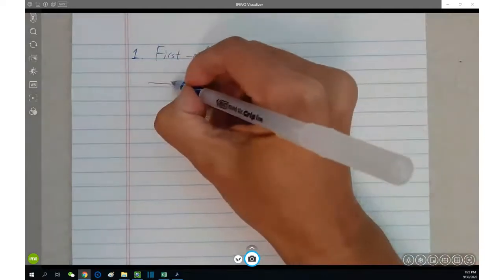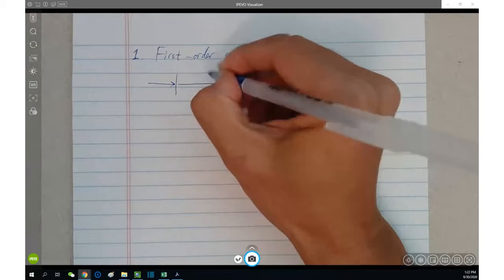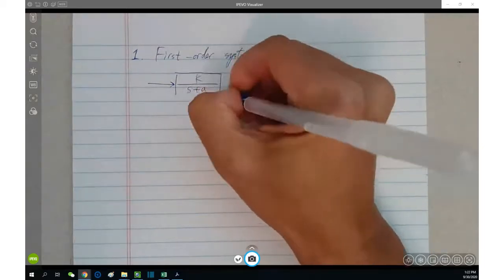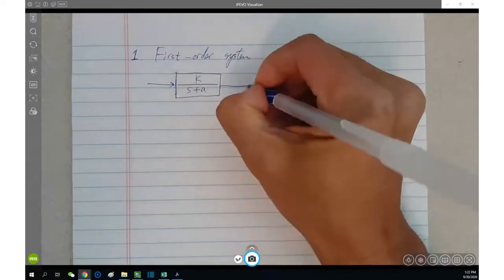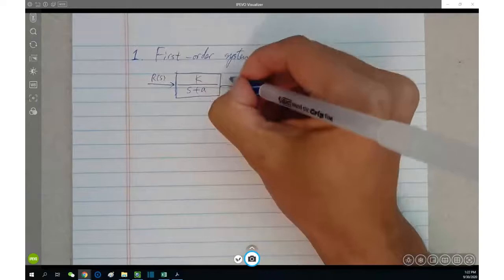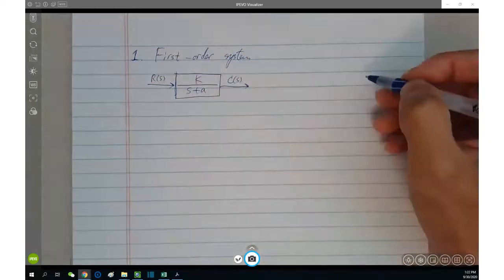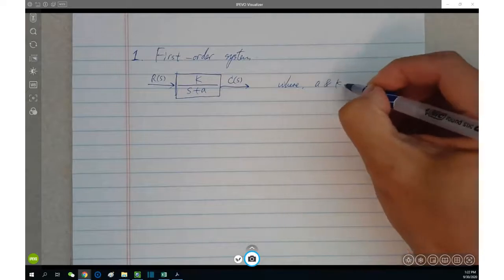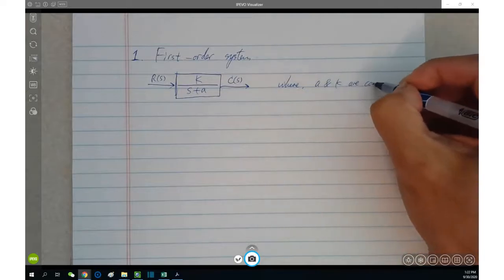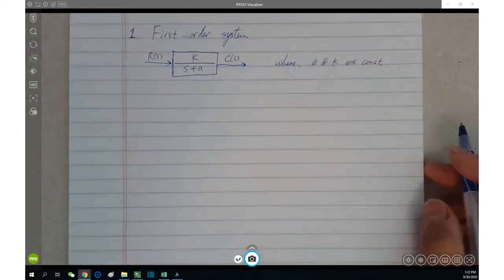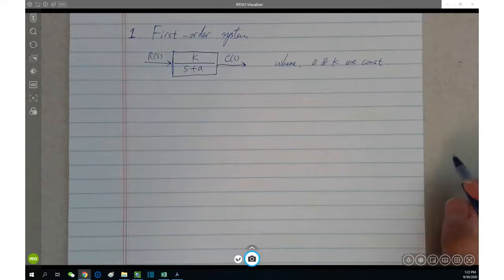Let me give you an example like this. With constants k and a, you have a transfer function like this. The system is called a first order system.